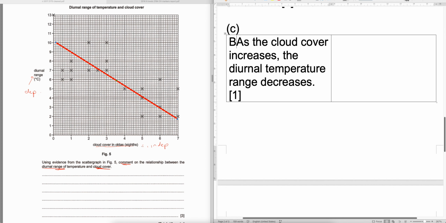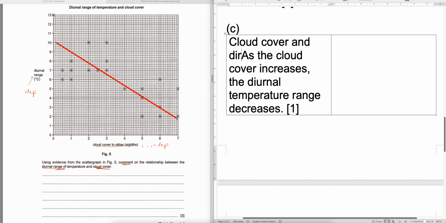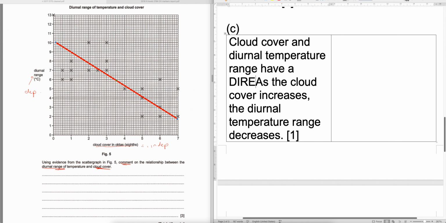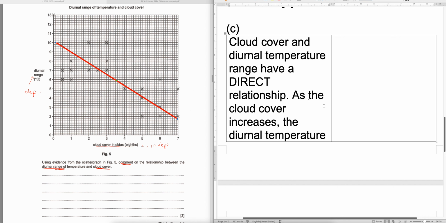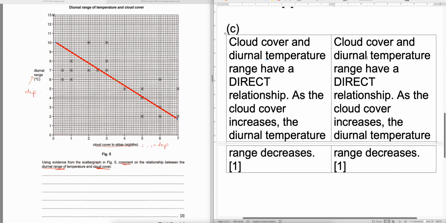Cloud cover and diurnal temperature range have a direct relationship. As the cloud cover increases, the diurnal temperature range decreases. Or if you want to say that this is too weak a relationship to argue, you might say that cloud cover and diurnal temperature range do not have a relationship.